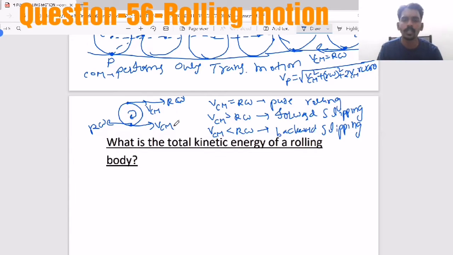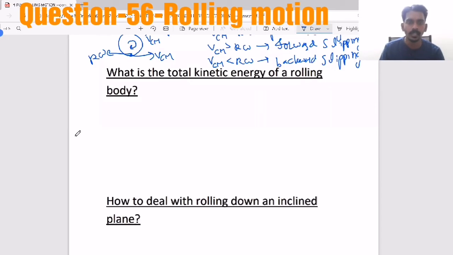But here we study purely about pure rolling, where the point of contact has zero velocity, that is VCM equal to R omega.